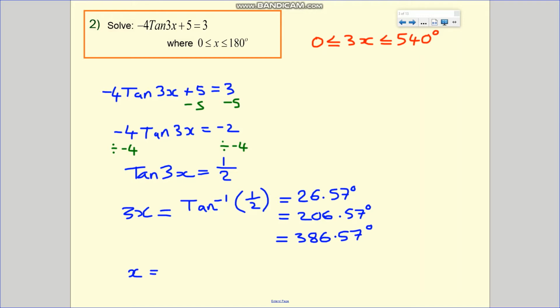So 26.57 divided by 3 is going to be 8.86. 206.57 divided by 3 is 68.86. And the final answer, 386.57 divided by 3 is equal to 128.86.